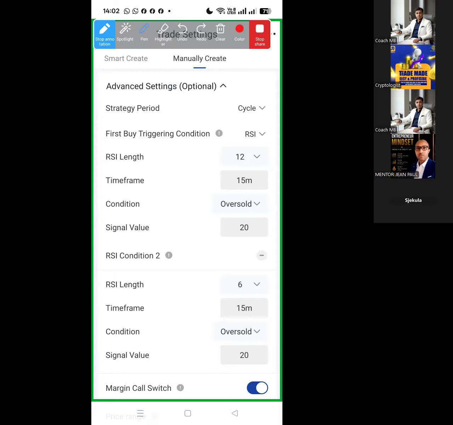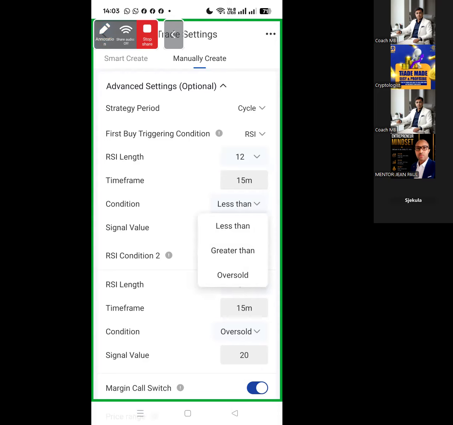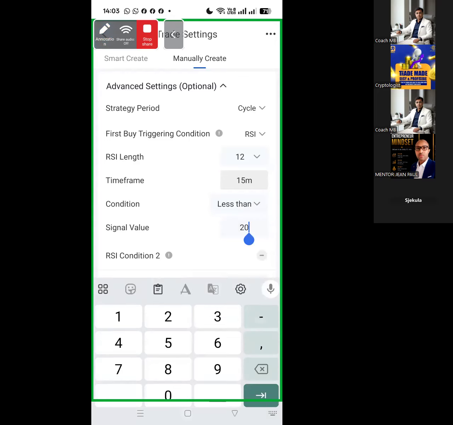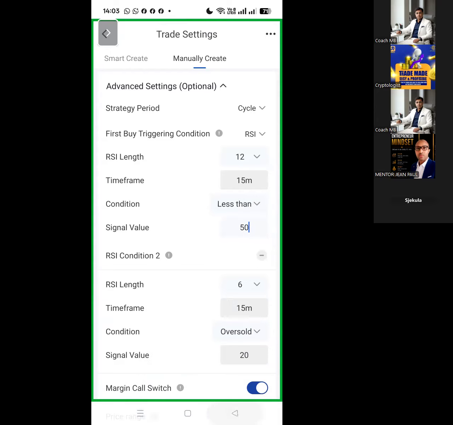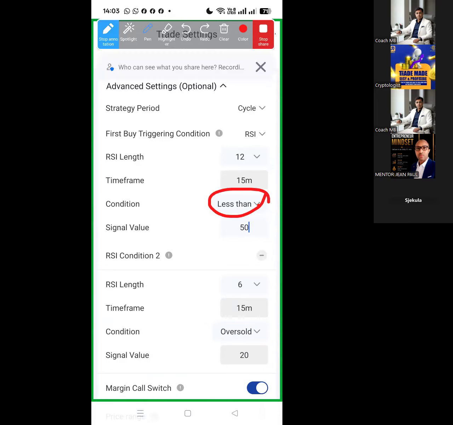That is what we need to understand. Suppose I want to put a condition on this first one. Suppose I want the price to be less than 50%. I don't want to buy above 50%. What does 50% mean? Suppose this is the market.